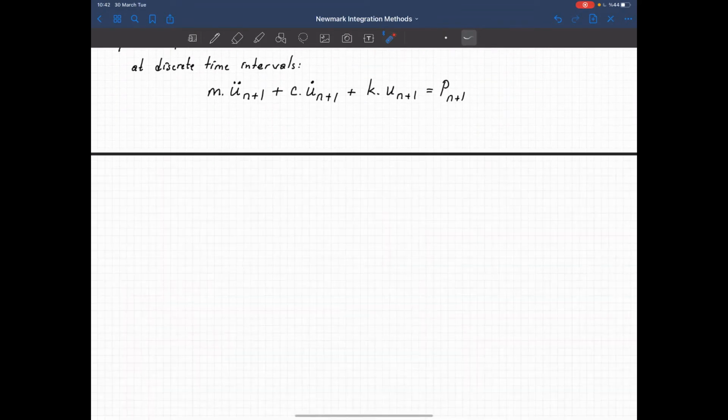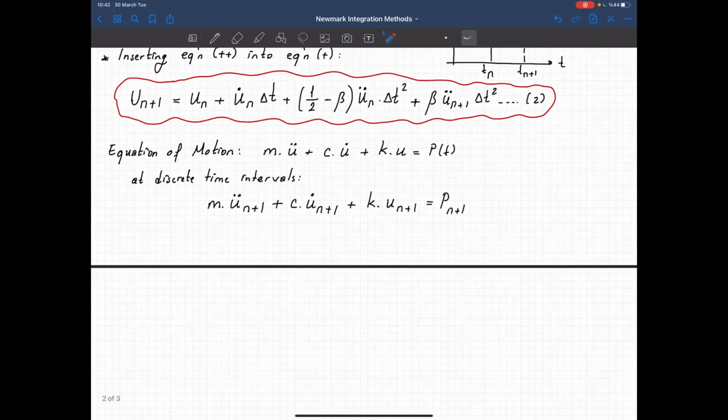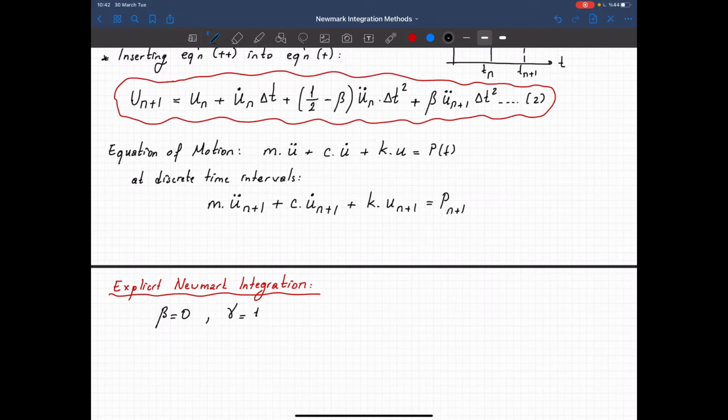Now we usually use two types of this Newmark integration method. One of them is called the explicit Newmark integration. So in that case we will use beta equal to 0 and gamma equal to 1 over 2.